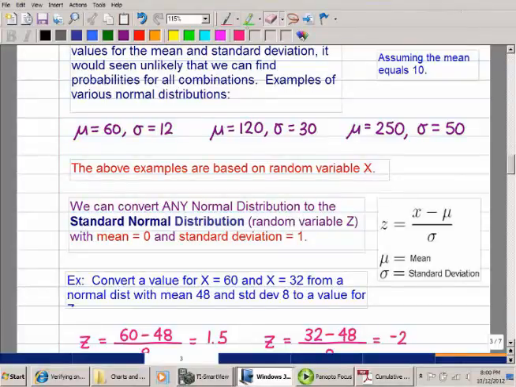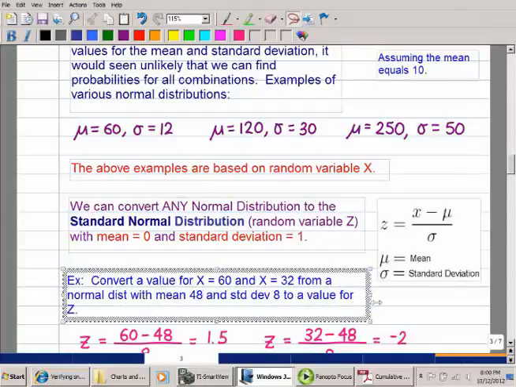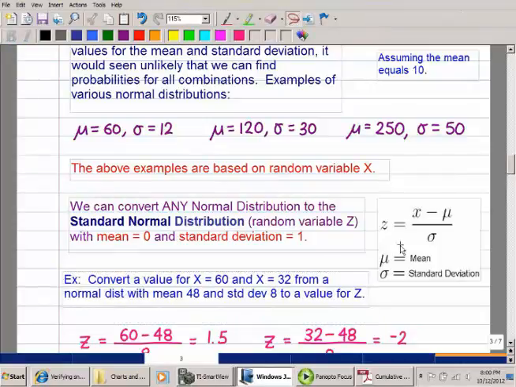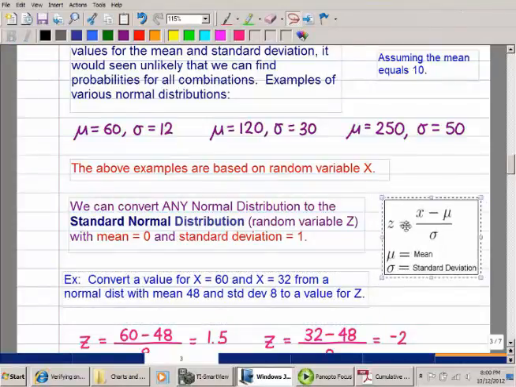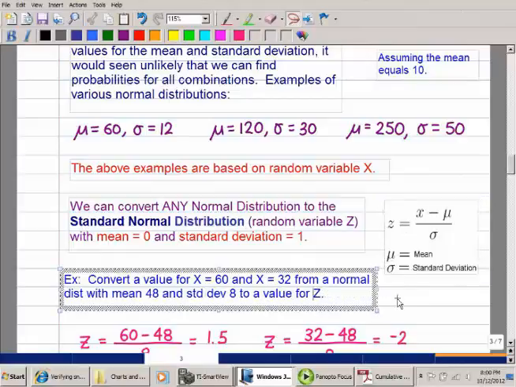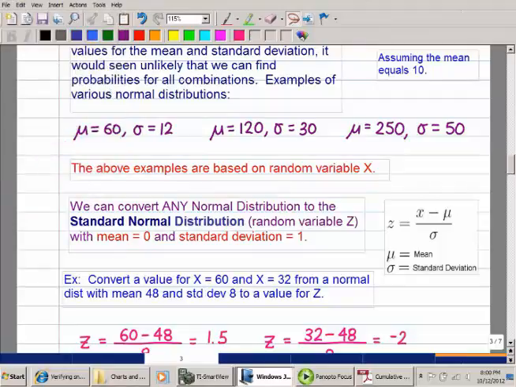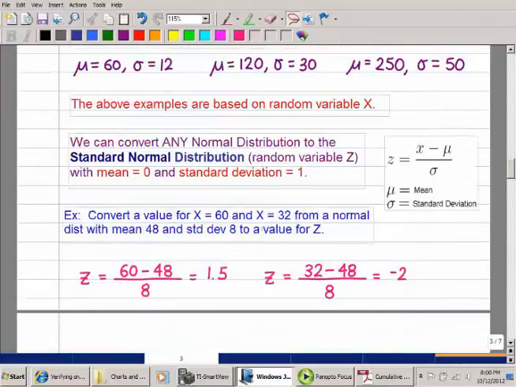And in fact, we look over here to the right, that formula is the same formula we used to find z-scores before. It is the same formula. So z equals x minus mu over sigma. The way you calculate your value z is you take your x value, subtract the mean, and divide by the standard deviation.